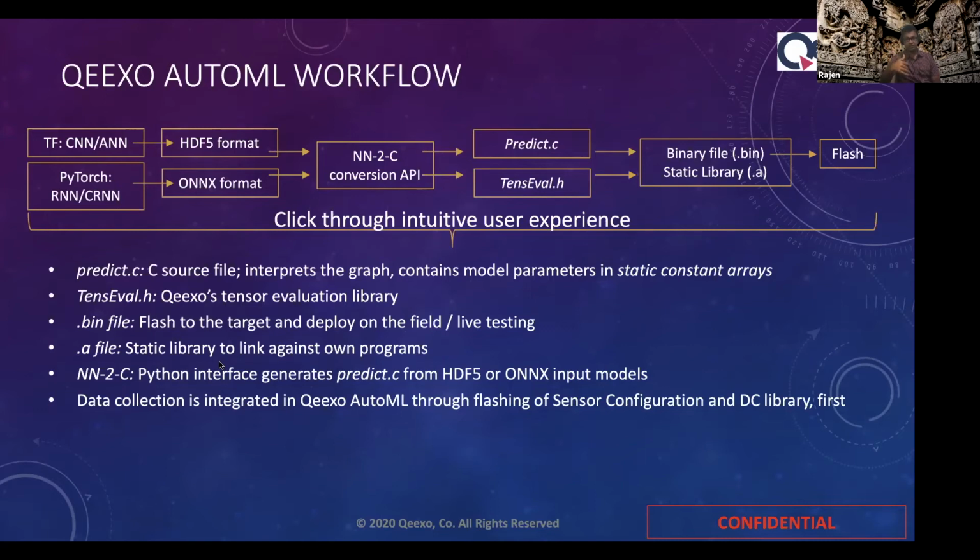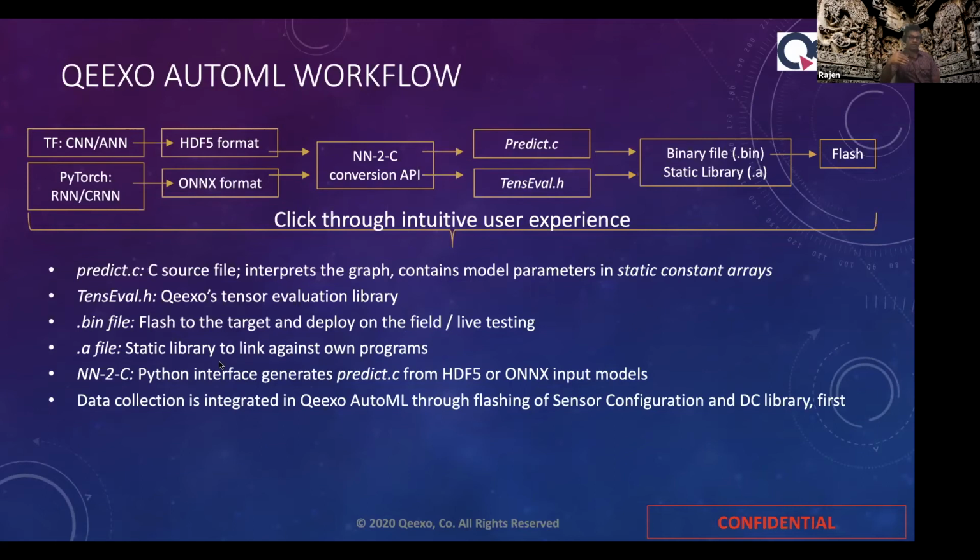After ingesting these models, it generates the predict.c file and the tenseval.h file. And once we have these two files, then we can compile them into a binary file or into a static library. And then we can simply flash them onto the embedded target.